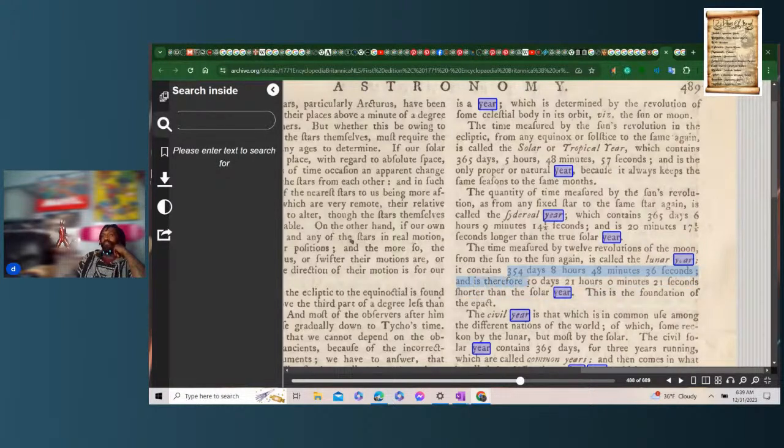It is therefore 10 days, 21 hours, 0 minutes, 21 seconds shorter than the solar year. This is the foundation of the epact.